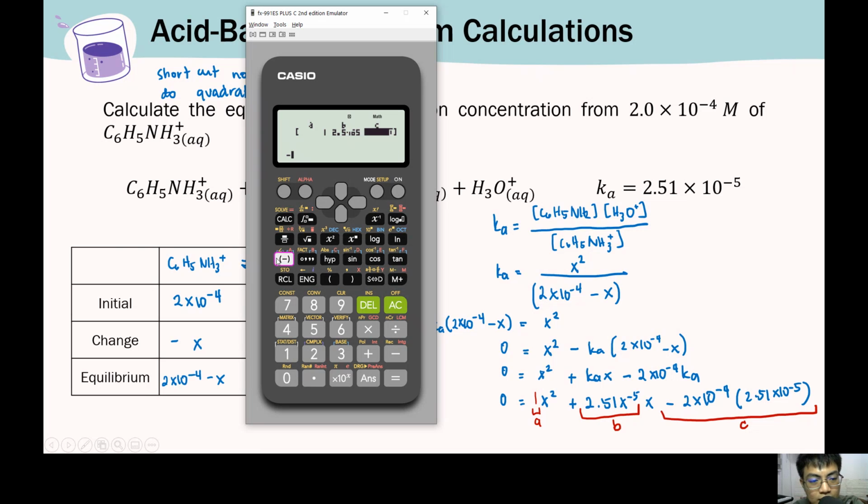And then this is negative 2 times 10 raised to negative 4 times 2.51 times 10 raised to negative 5. Okay, so I just type everything in the calcu. Ay, teka lang. I think may mali ako na type. So, 1, 2.5 times 10 raised to negative 5. Mali ako ng type dito. Let me just re-edit.